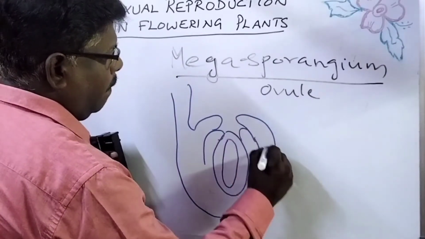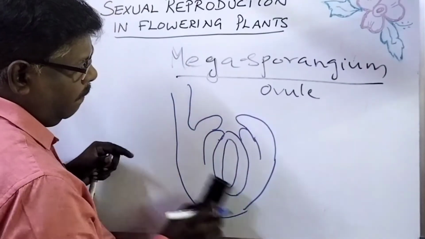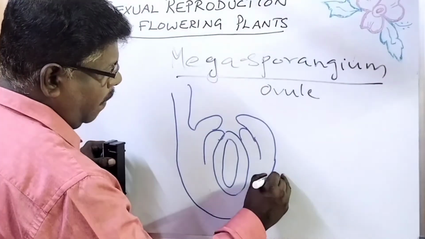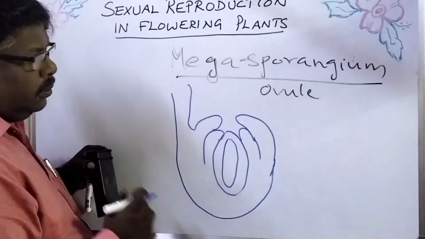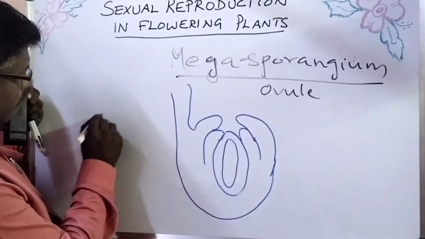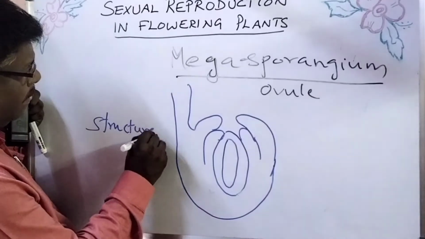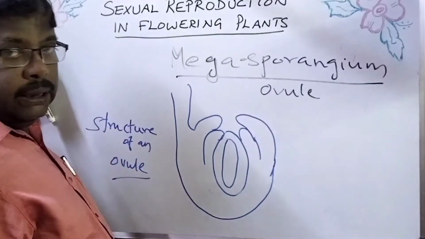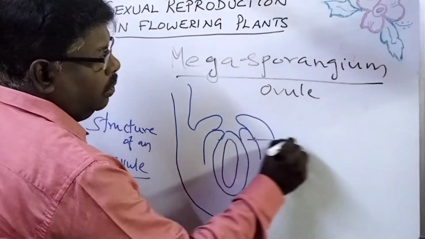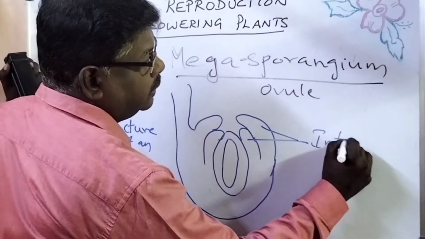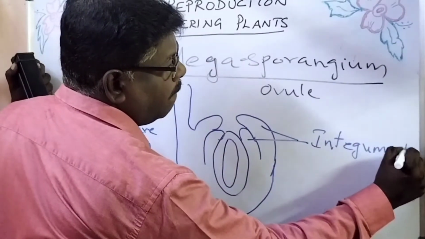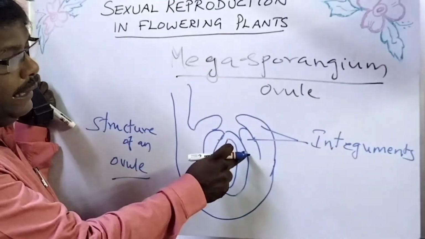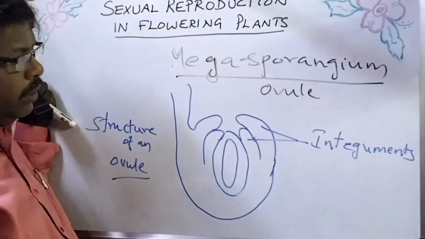So this is the structure of an ovule. See, the ovule has two protective coverings called integuments. The integuments are protective in function. This is the outer integument, this is the inner integument. There are two integuments, and they are protective in function.